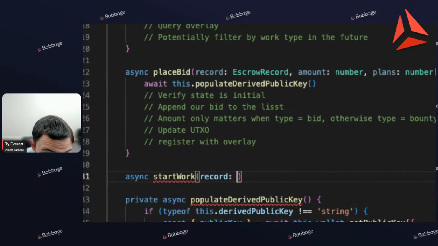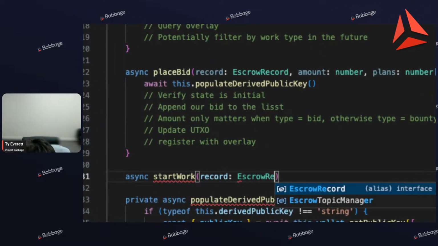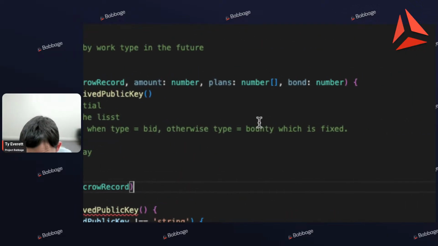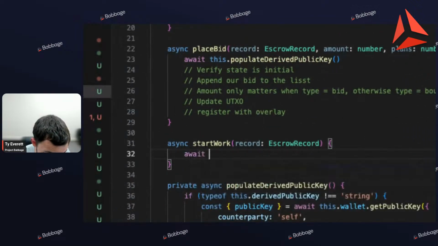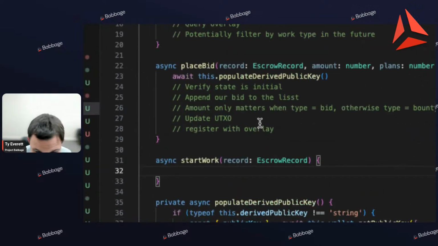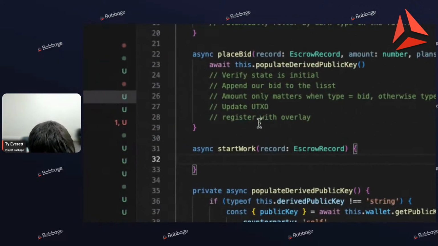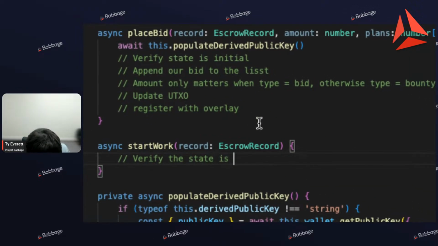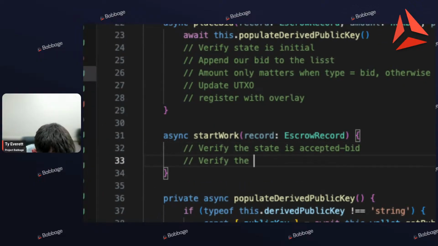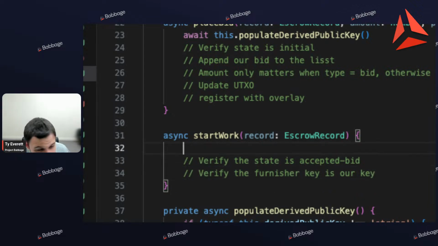So escrow record, okay, and you're going to want to verify that your key... first the state needs to be... you verify the key is our key.